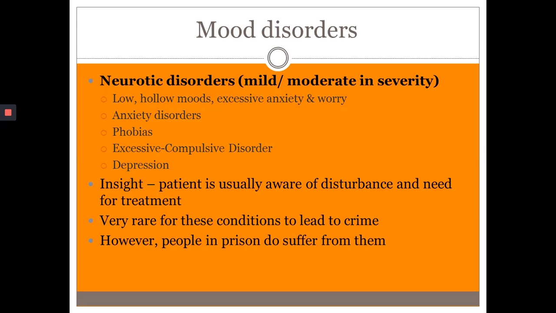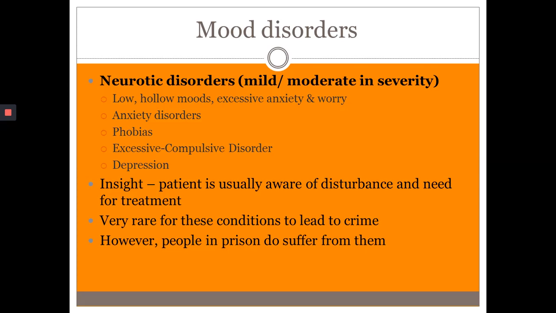A key feature of neurotic disorders is that the person experiencing them, the patient or client if you prefer, is aware that what they are experiencing is very odd. So they know that their phobia is out of proportion, their fear of spiders or whatever it may be, is out of proportion, but they are unable to control it or reduce it, at least not without a lot of help.